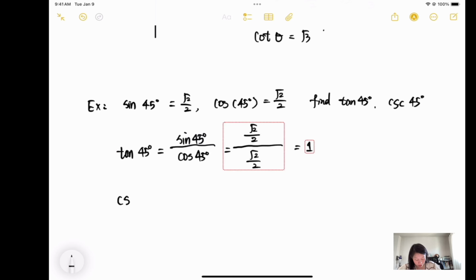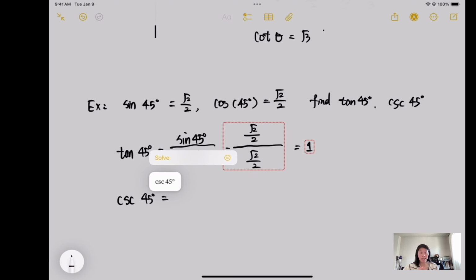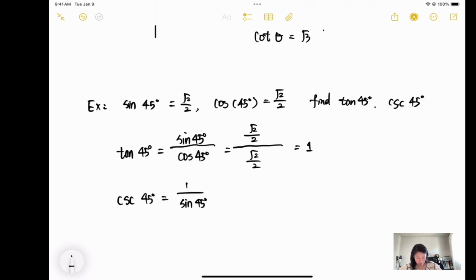And the cosecant 45 degrees is the reciprocal of sine, so that means we need to flip it, so I have 2 over square root of 2. Again, I want you to rationalize the denominator, which means you need to multiply by square root of 2 on both top and bottom. Then we get 2 times square root of 2.